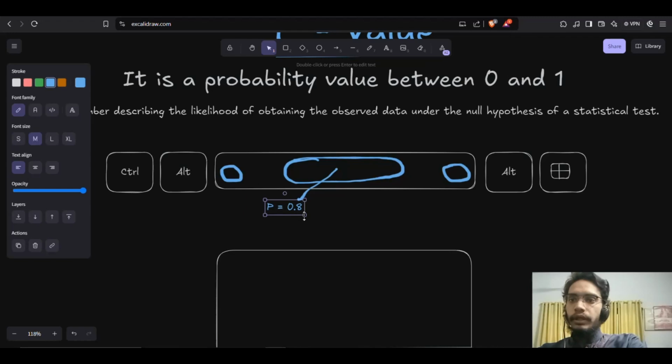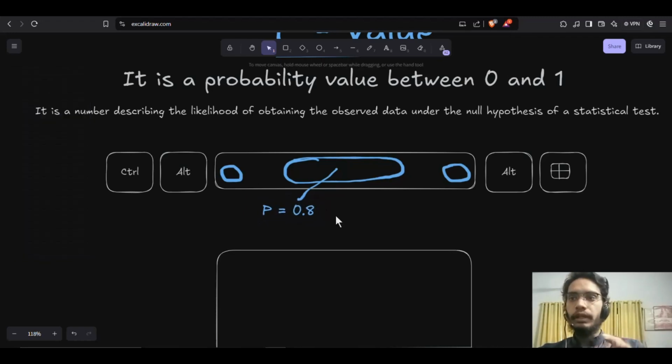Let's say 0.8. It means that out of 100 observations, let's say I typed on this keyboard 100 times, and out of 100, 80 times or 80% I clicked on this area, right? So the p-value we have is 0.8.